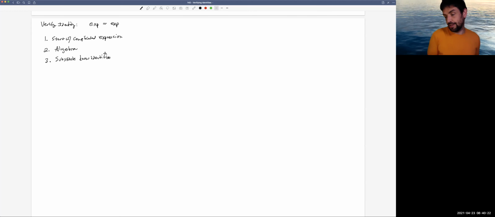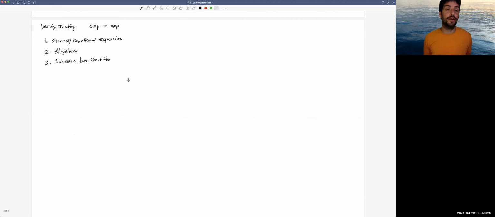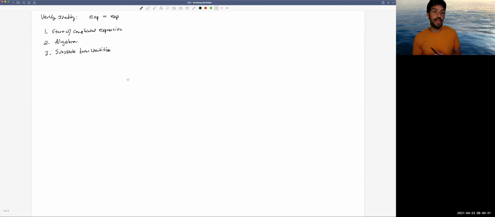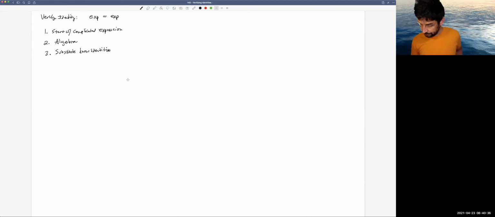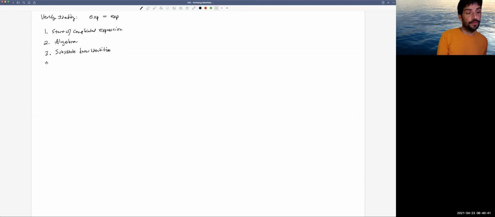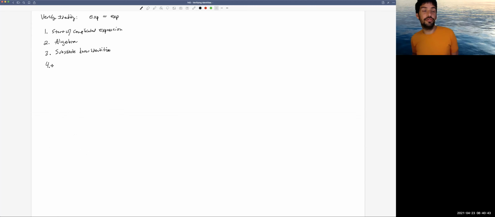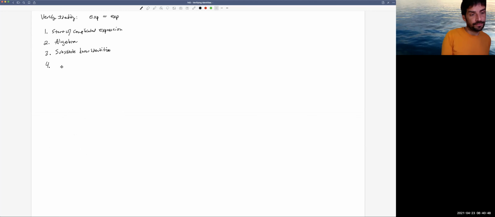So you're taking something we already know to be true. In this list that I have up here, we can accept that all of these are true and use them without having to justify it. And we use these to try to manipulate this complicated expression to look like the other expression, the simpler one. If none of these substitutions work, none of these known identities, we can always try converting everything, all trig functions, to sines or cosines, right?